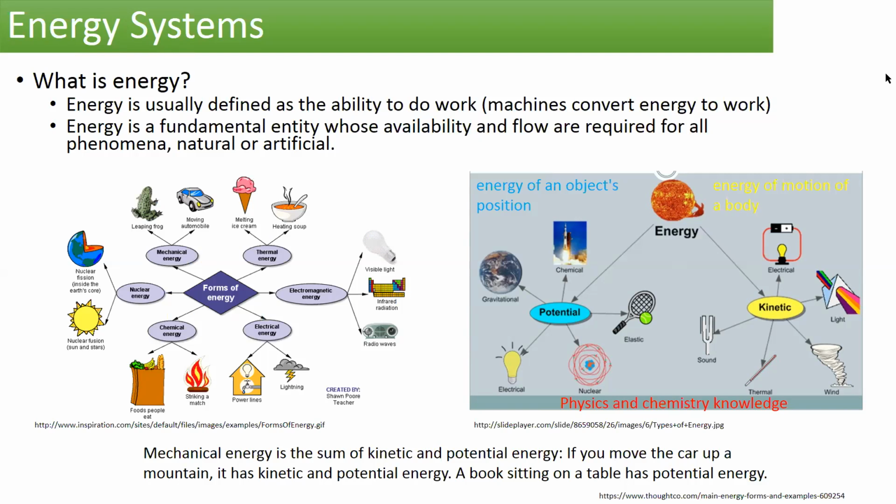Mechanical energy is the sum of kinetic and potential. For example, if you move a car up a mountain, it has kinetic and potential energy. But a book sitting on a table has only potential energy, because the book is not moving. So you can have both at the same time, when you are moving something and it is also moving up or down.